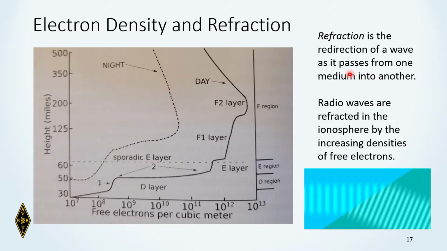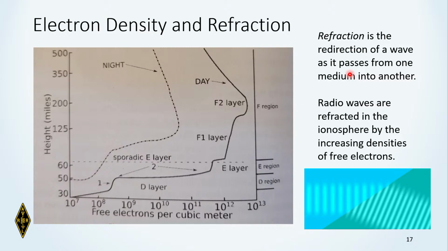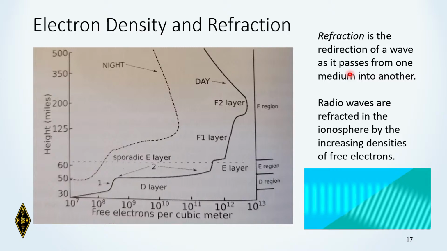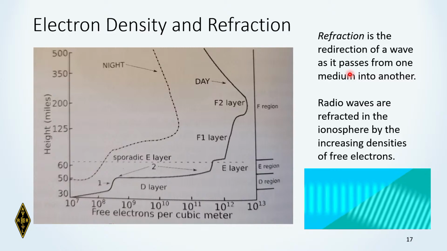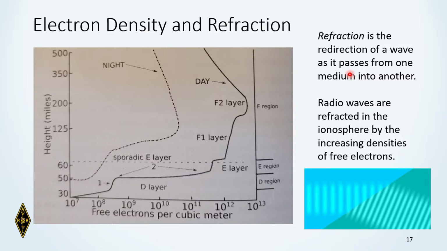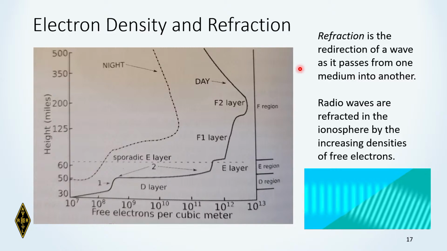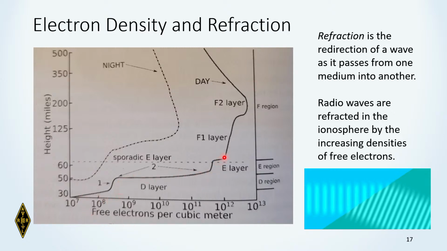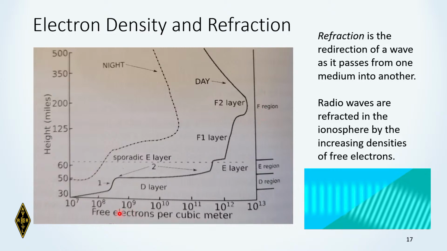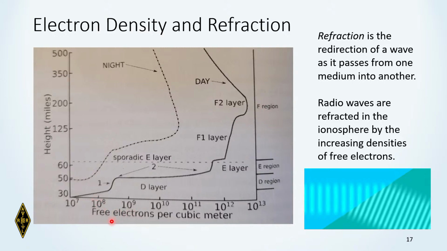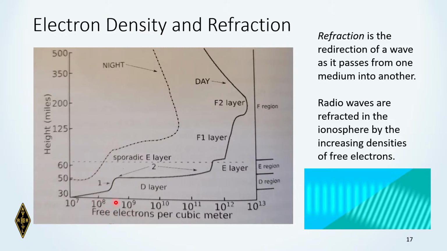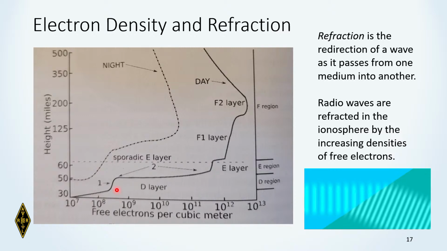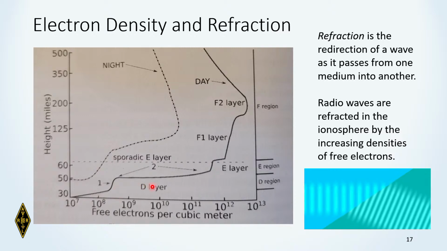Now remember I said that refraction is a result of changes in direction as a result of the density of the medium changing? Well, here's a little picture that shows the electron density. We start off down here, and as we increase in height, the density becomes greater and greater.